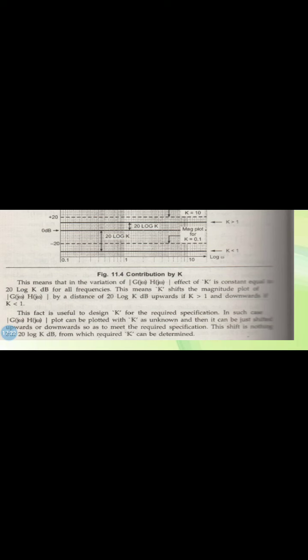So this factor is useful to design k for the required specification. In such a case, the magnitude plot can be plotted with k as unknown, and then it can be just shifted upwards or downwards so as to meet the required specification. This shift is nothing but 20 log k decibels, from which the required k can be determined.